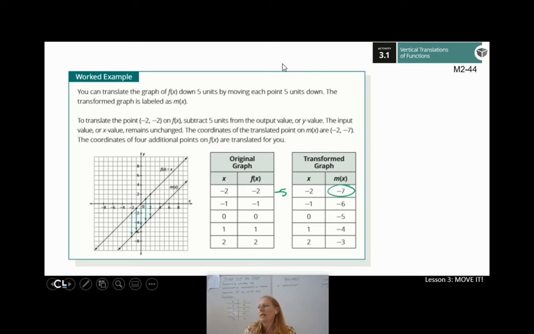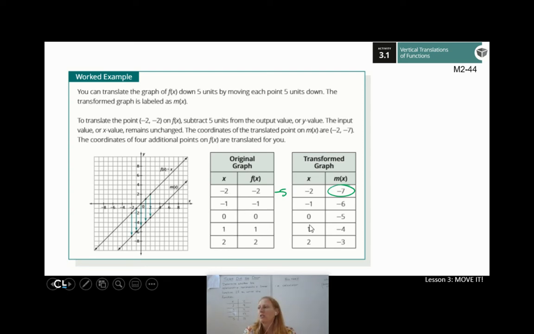So the coordinates of the translated point on m of x are (-2, -7). The original was (-2, -2), but we subtracted 5 from our y-coordinate and we got -7. And of course, the coordinates of 4 other points are listed as well.